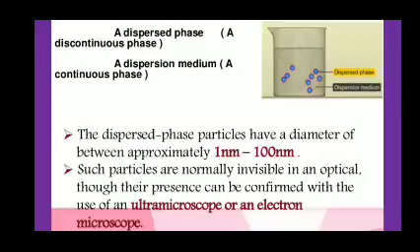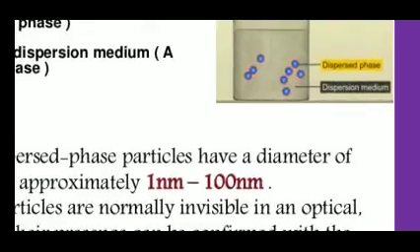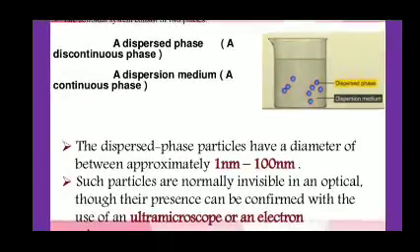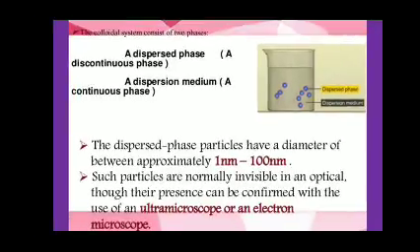These yellow color particles, blue color particles, approximately 1 nanometer to 100 nanometer particles are called the dispersed phase. Dispersed phase particles have a diameter between approximately 1 nanometer to 100 nanometers.